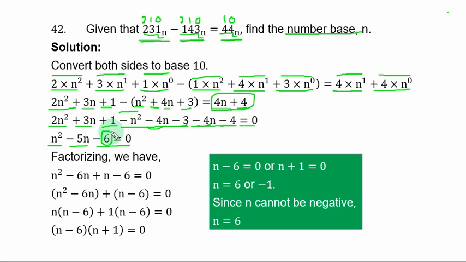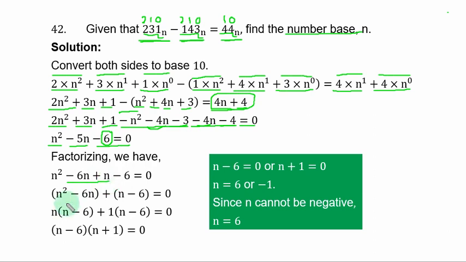So the two factors, you express them in n so that they can replace the middle term in this form. So you have n squared minus 6n plus n minus 6 equal to 0. The purpose is to have 4 terms which you group in twos.